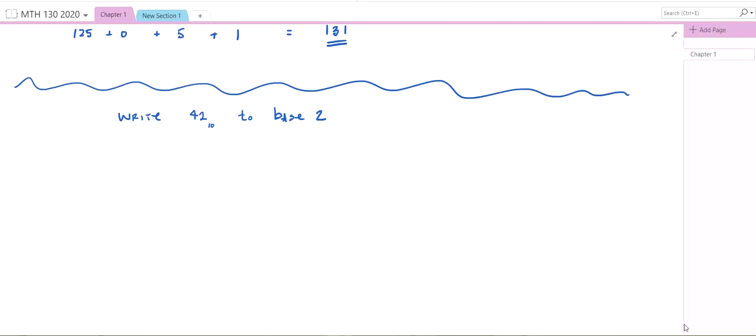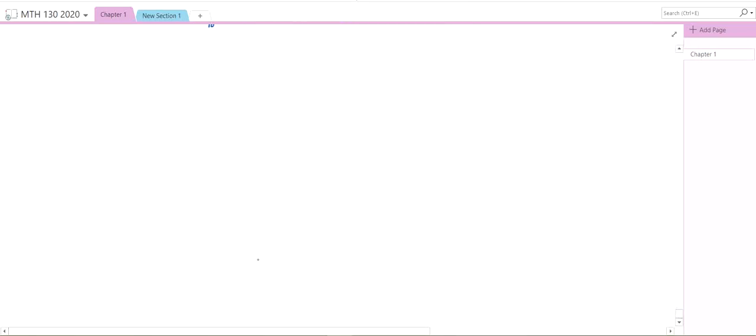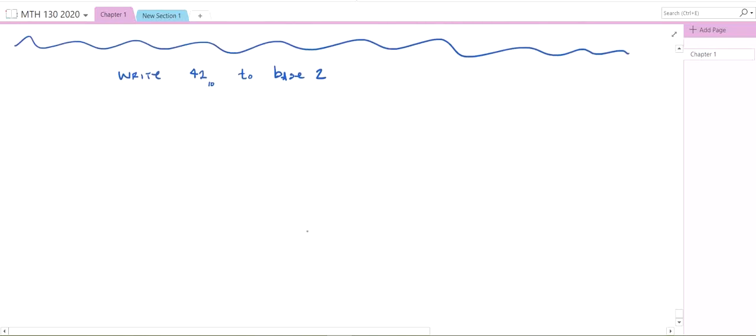All right, the way I do this, it's also shown in Smith, is I start down here with 42 and I divide it by 2. So 42 divided by 2 is 21, and that's even. So there's a remainder of 0. It's important to keep track of these remainders.